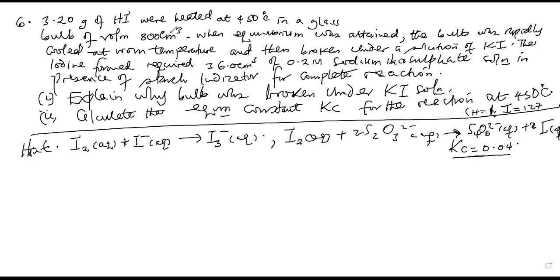To get the concentration of hydrogen iodide, you take the moles times 1,000 divided by this volume. Then you get your value of Kc. The value of Kc has to come out as that.